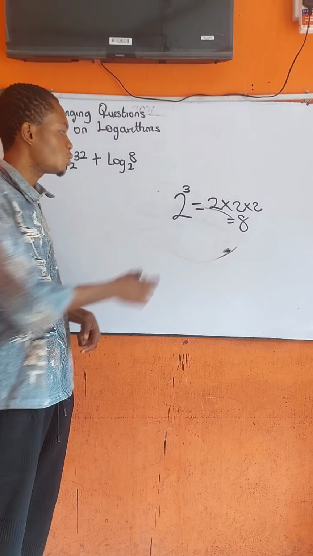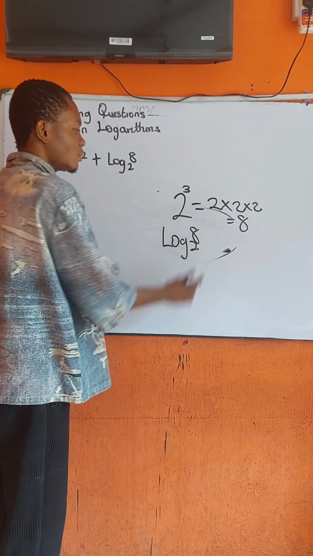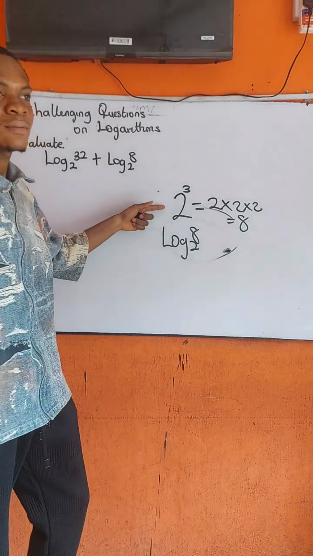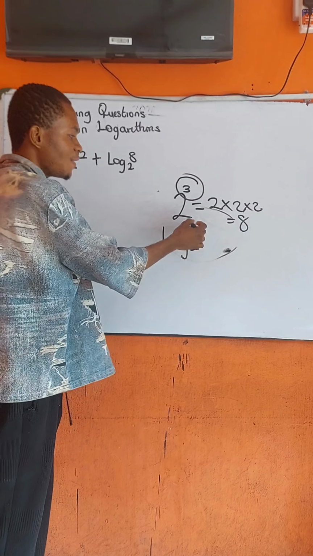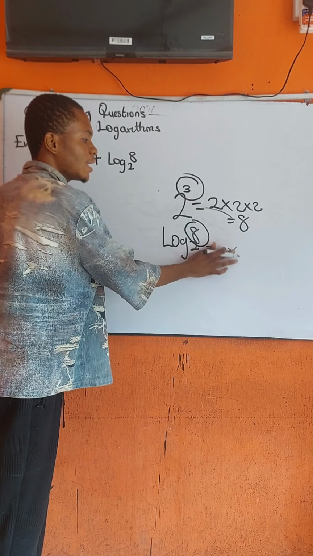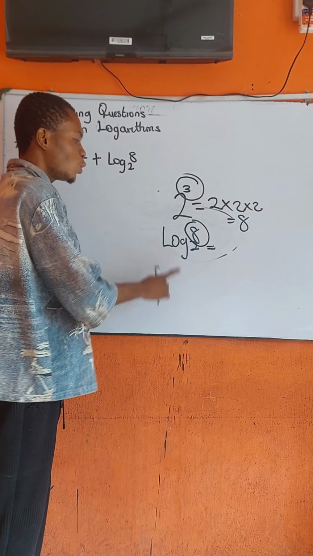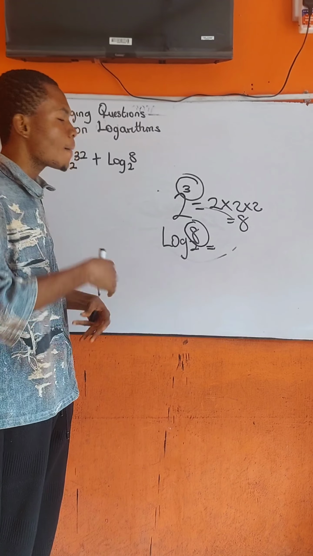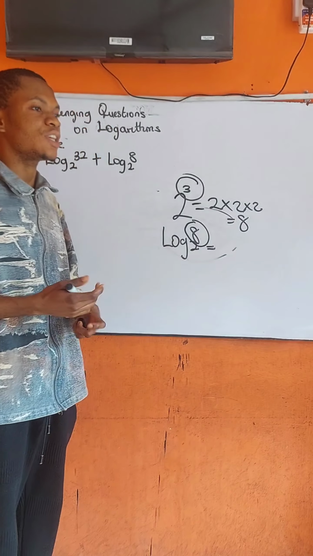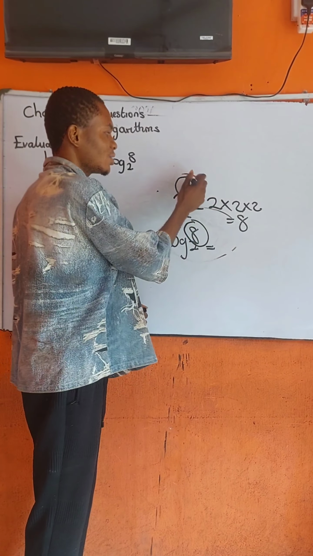The difference between indices and logs is that in indices the power is given and you are looking for the value, but in log the value is given and you are looking for the power. So log 8 base 2 is asking what power 2 must be raised to give you 8, which is 3.